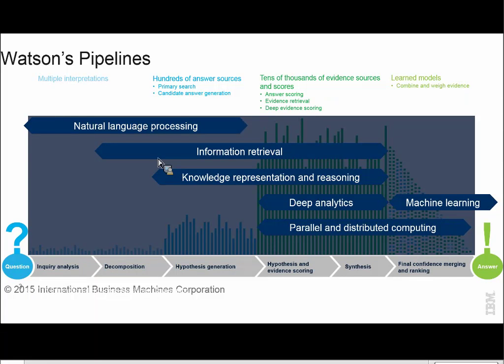Once it's scored each one of those candidate answers, it will move into this last step. It's listed as machine learning. At that point, it's taking all the answers and using information about how the scores are coming out with different contexts, and based on the different algorithms that are going into the scoring, it will rank all those answers against each other and modify the scores along with that.